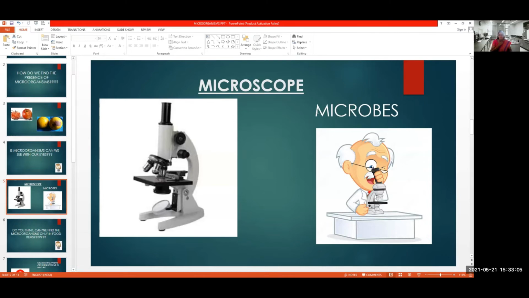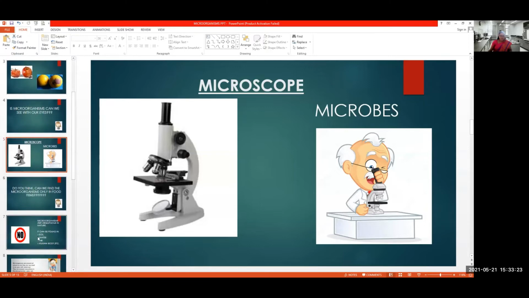You have to write like that. Organisms which are able to be observed only through the microscope are called microorganisms or microbes. Have you all written?